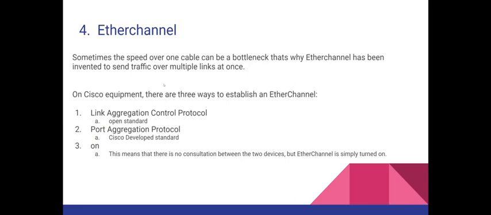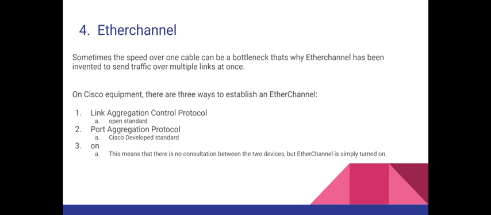Sometimes you have a network and you just want more bandwidth. You just want to transfer that big file, like this big file of 100 gigabytes, and it's just going so slow. This is why they invented EtherChannel. EtherChannel is basically to provide more bandwidth over the network from switch to switch.